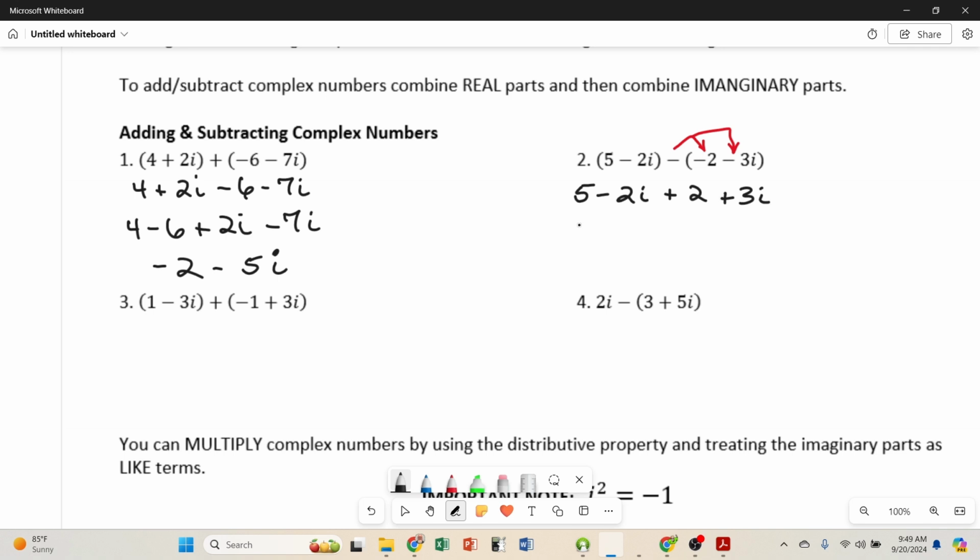So now I rewrite everything in order. 5 plus 2 minus 2i plus 3i. Now I just add them all together, right? 5 plus 2 is 7. Those are like terms. Negative 2i plus 3i is plus i, and I would be finished.